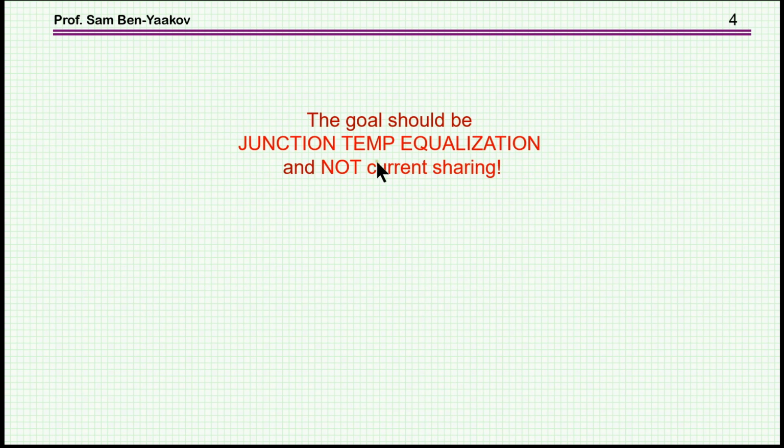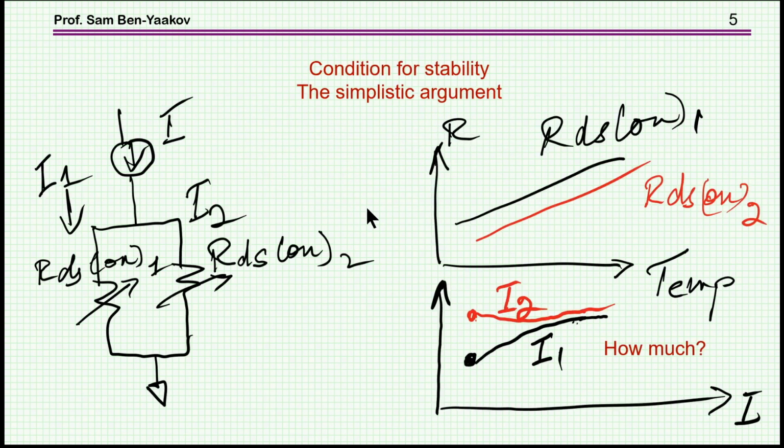This does not necessarily mean that the currents have to be the same. It really depends on the situation, and this is what we are going to see. So first of all, let's remember that what we want is an equal junction temperature. This would be our target. And the more equal the temperatures are, the better, because otherwise we cannot utilize the transistor to the fullest.